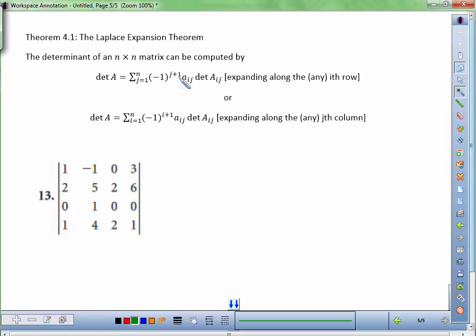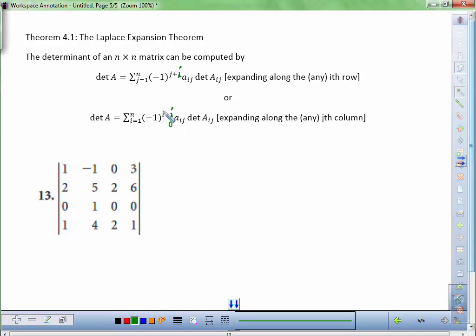I think this should be an I and J. Yeah, I need to fix that in my notes. The other ones as well. On the other ones, I was assuming I'm expanding the first row, and so it should have been a 1. But I copied and pasted, and I forgot to change these things. Or I changed it incorrectly.